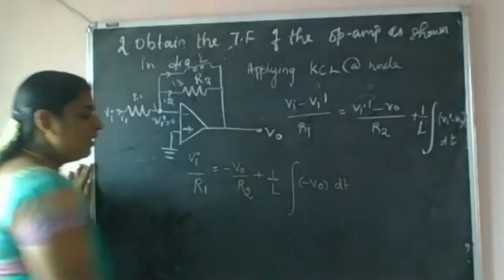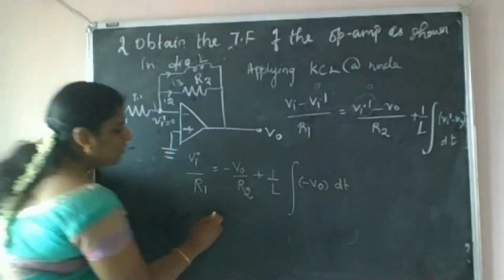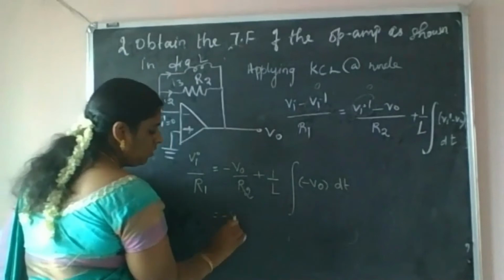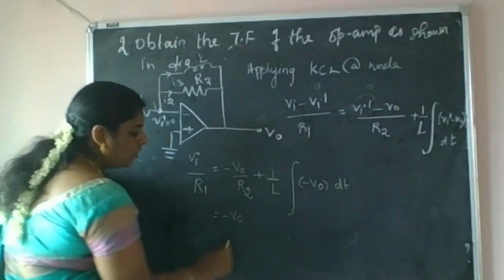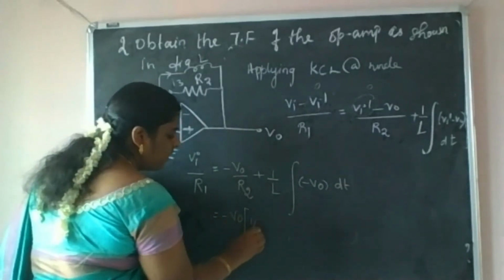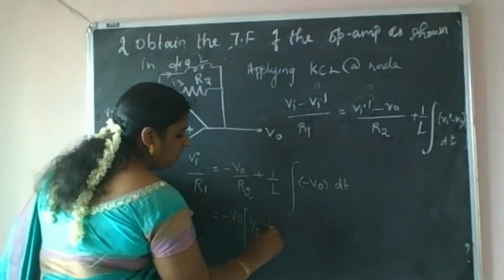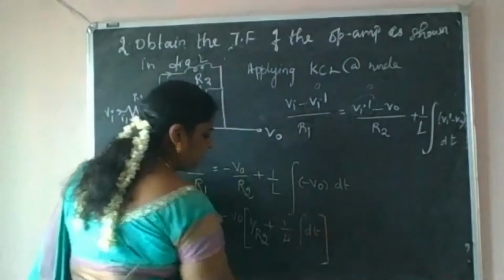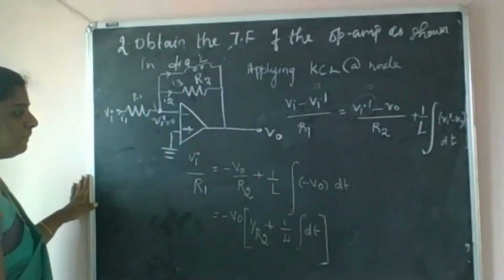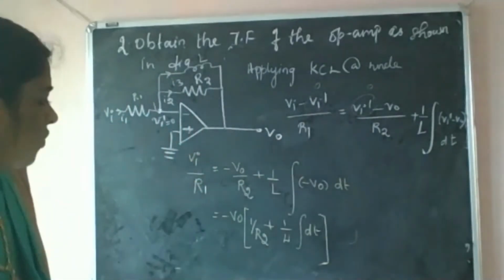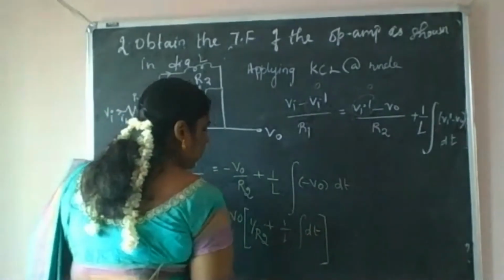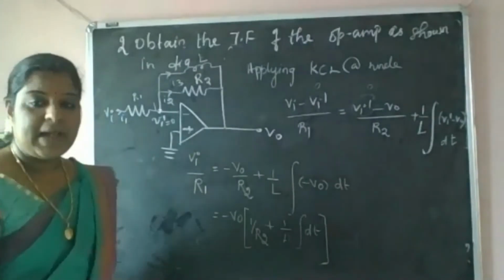Here we have a minus common, so taking it outside, minus V0 into (1 by R2 plus 1 by L into the integral of dt). Now to find out the transfer function, we have to take the Laplace transform.